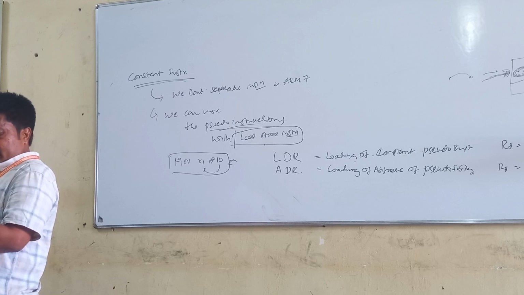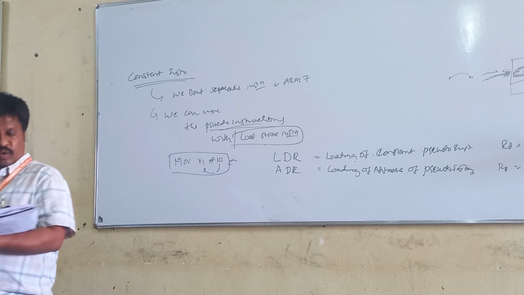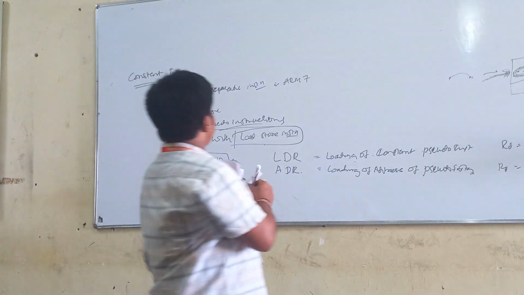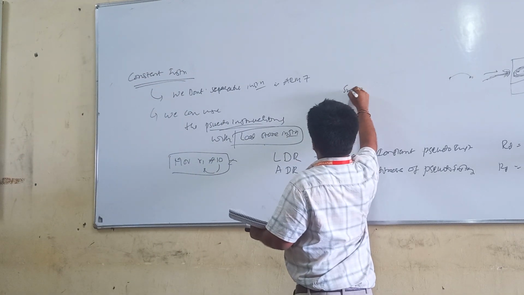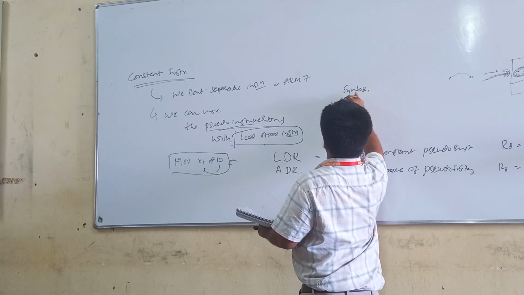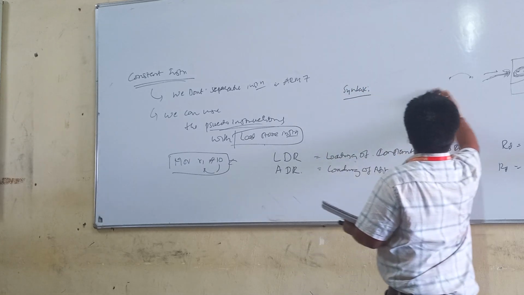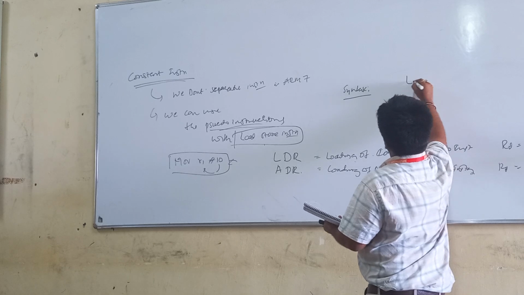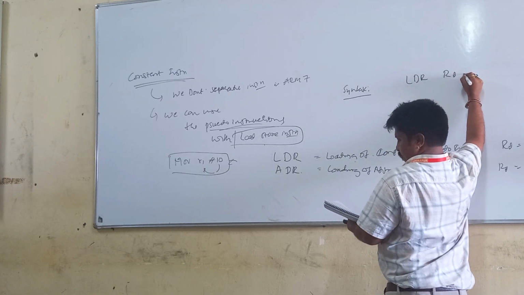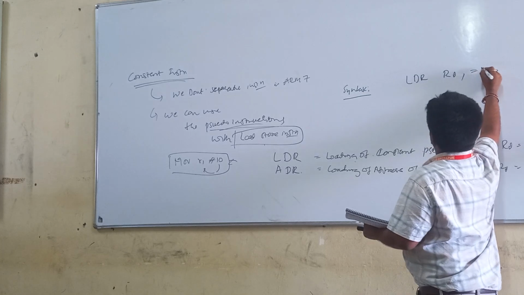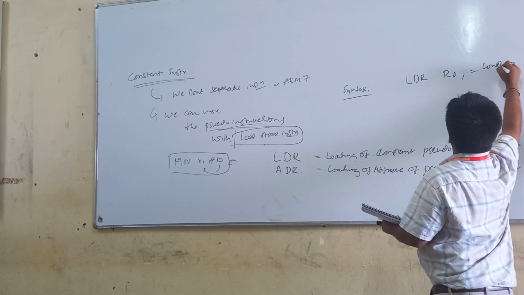Let me write the syntax for this one: LDR RD, comma, equals constant.